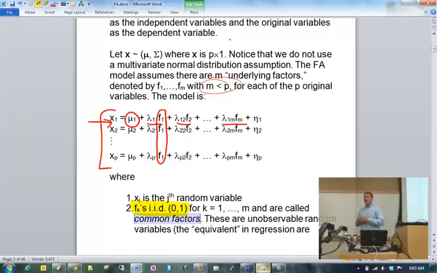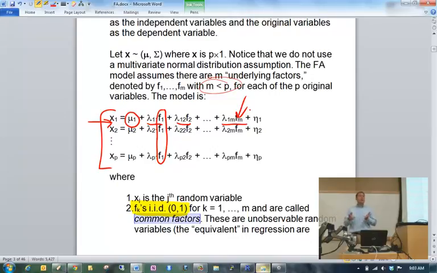Now, these f's are common factors. Basically, factor analysis is most interested in these f's. Basically, you can have, as I have represented here, up to m different common factors. And our goal is hopefully to find a need for just a few common factors.